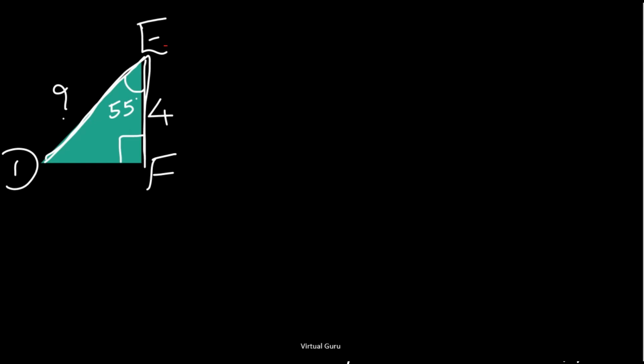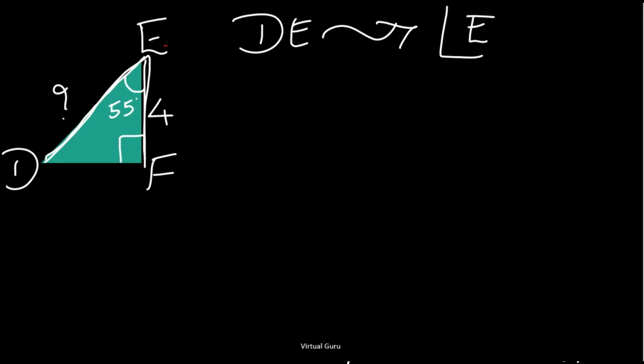This is the information given. So we have to find DE. How is DE related to angle E? Can you say if it is the opposite side? No. Adjacent side? Yes. But as you can see, this is also our hypotenuse.